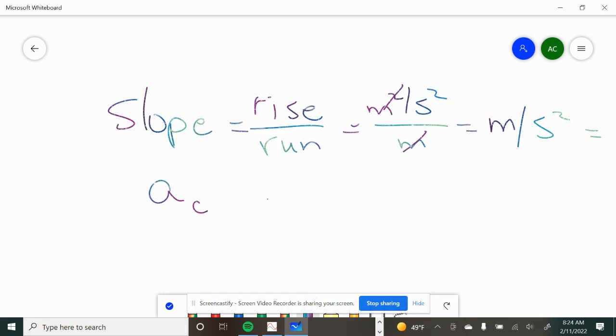That's why units are so important, that you know what they are, because they're going to help you interpret what all this stuff means. That number that I got for mine, 39.56, it's not just a number. It is the centripetal acceleration, because it is in meters per second squared.